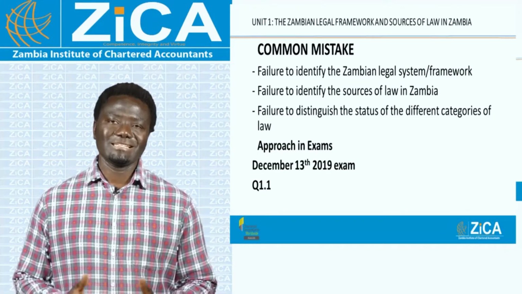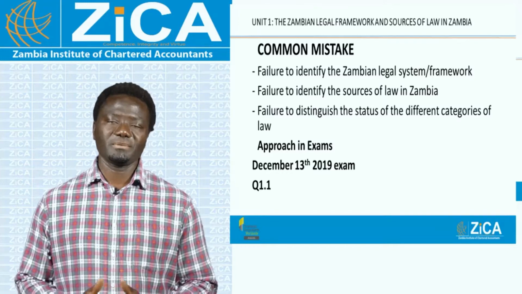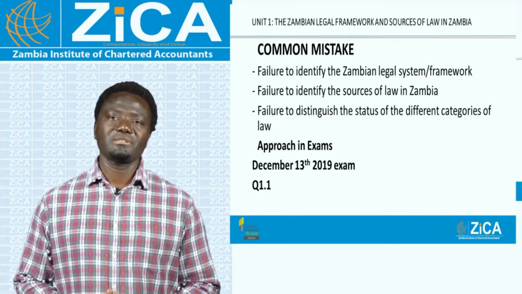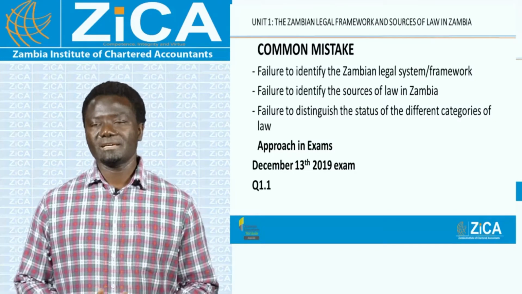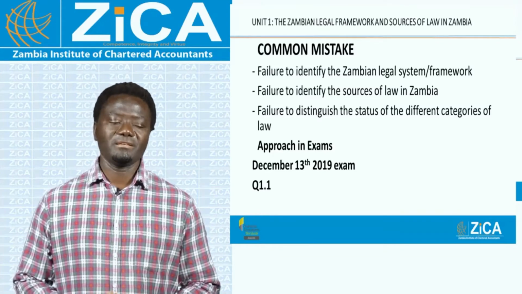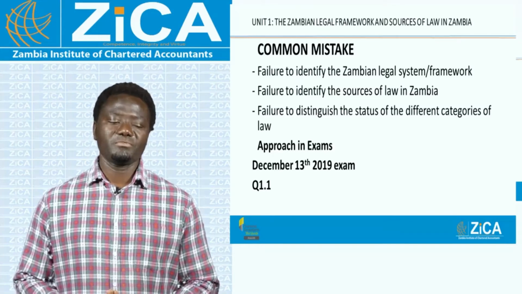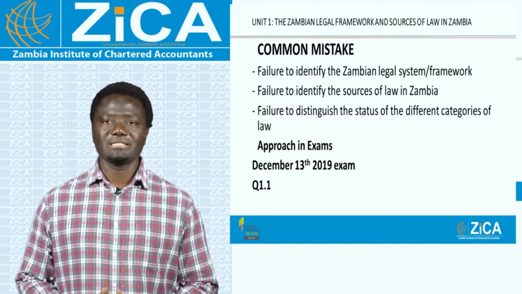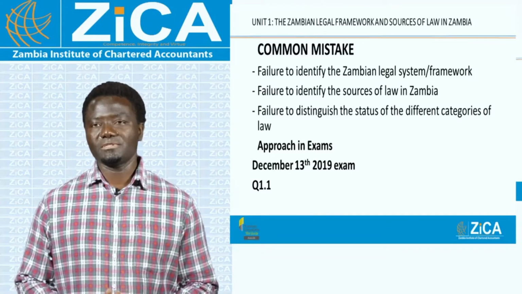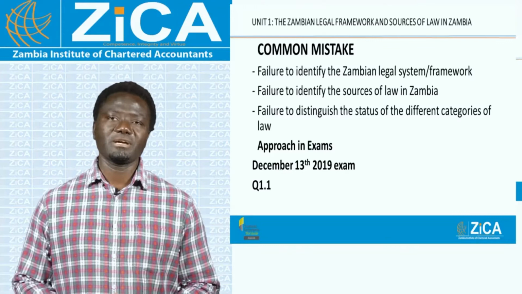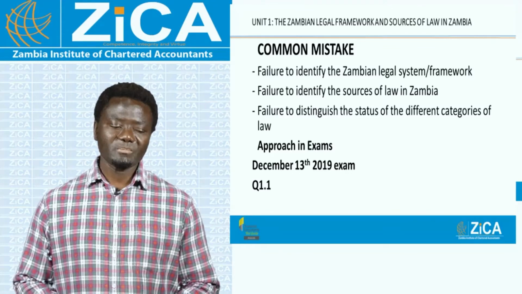Secondly, a general failure to identify the sources of law in Zambia. Thirdly, a failure to distinguish the status of the different categories of law that we have in Zambia.